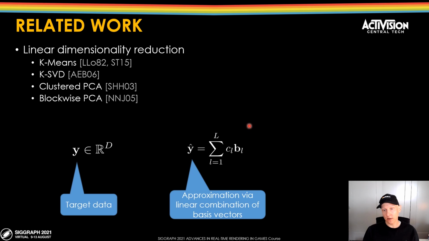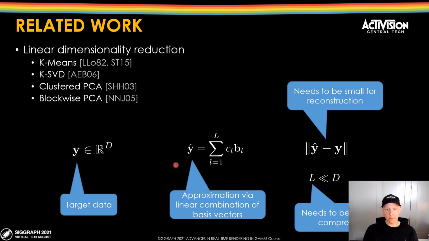So we seek a linear combination of basis functions, where the basis functions B_L live in the same high dimensional space, and the basis coefficients C_L are just scalars. For this to be a good approximation, we need the reconstruction error to be small in some norm. Also, the number of components in this linear combination should be greatly smaller than the dimension of the data domain.